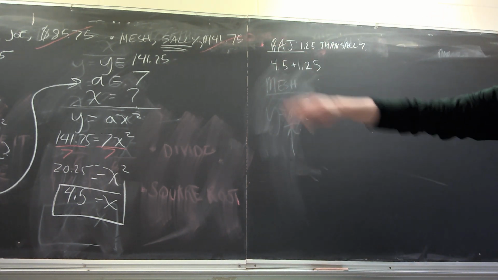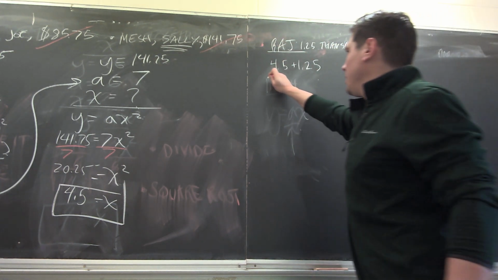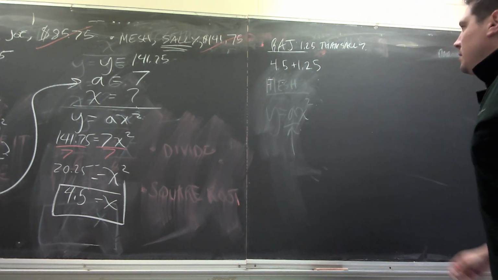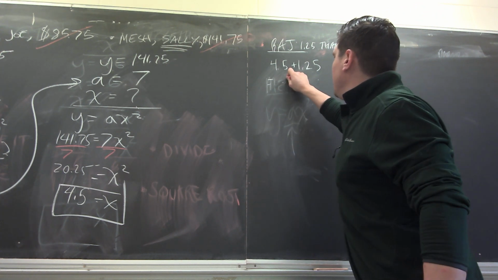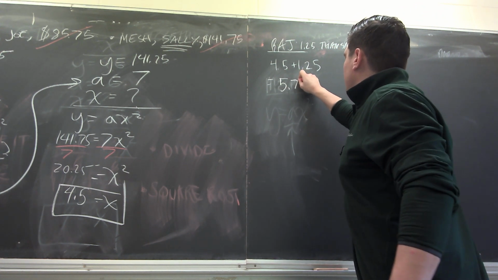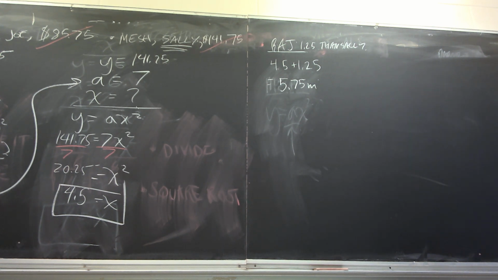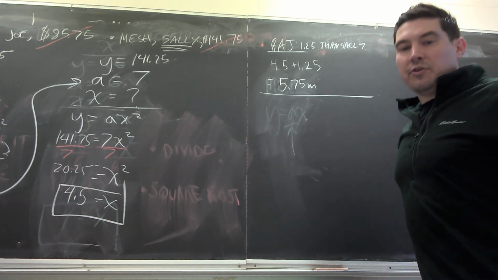We're not doing any crazy calculations, just adding these two things together. That's 5.75 meters, the size of Raj's pool. That's all I had to do for that.